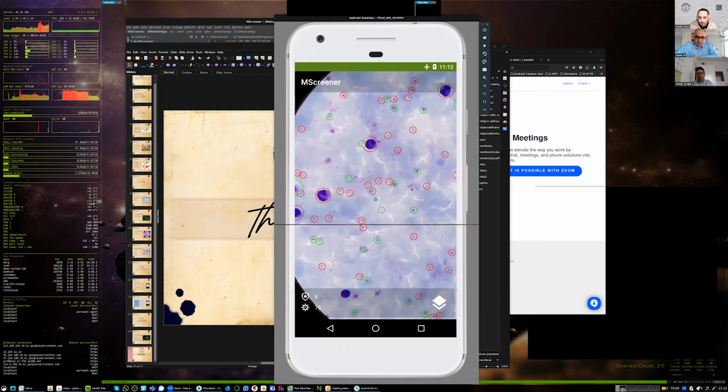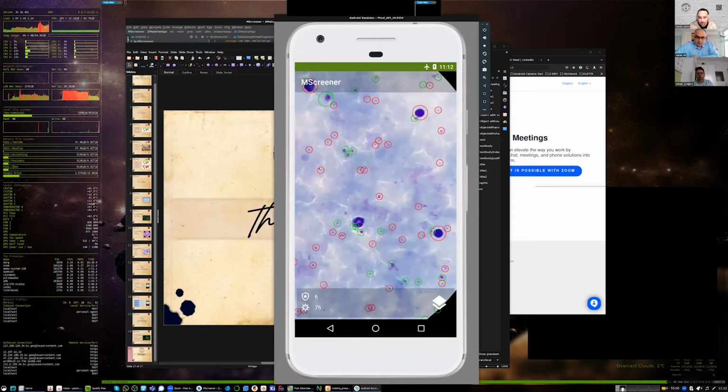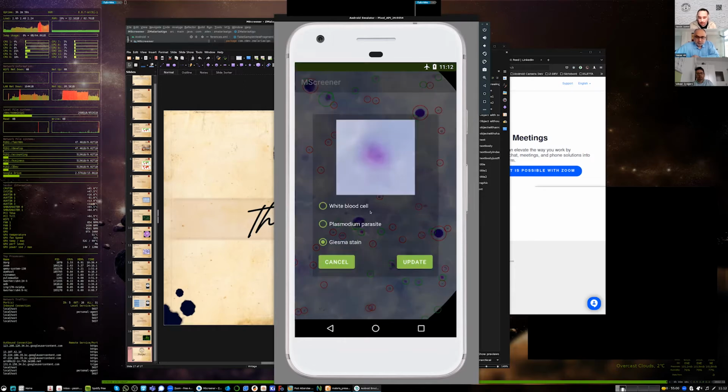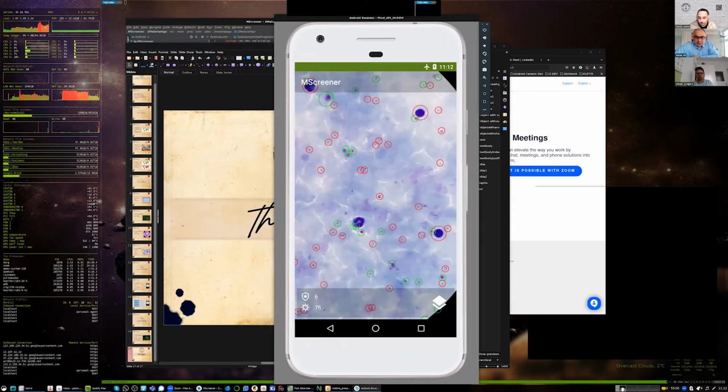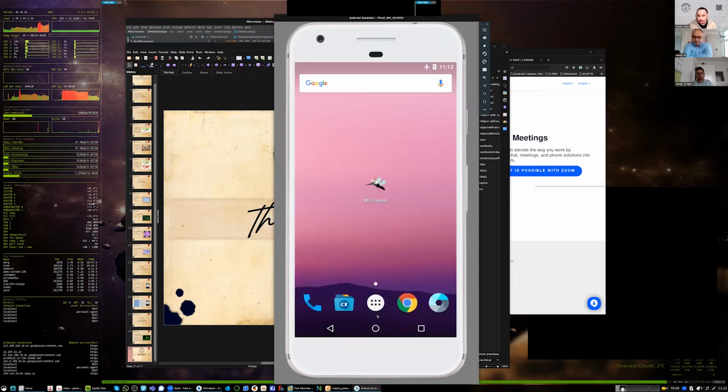This is how it works. And you can also edit, like if this one is not correctly classified, you can edit it or remove it. So you can change that. So yes, this is what I had to say.